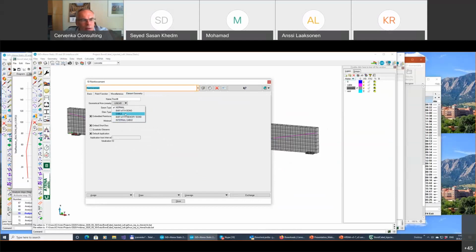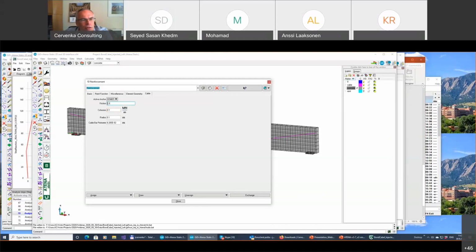So by this cable option, if you select that, you will notice that again you have to define where is the active anchor, and you have to define the friction. This is the friction at the deviators. You can also define the cohesion there, but this usually I think is 0.